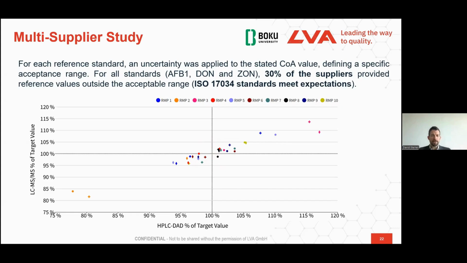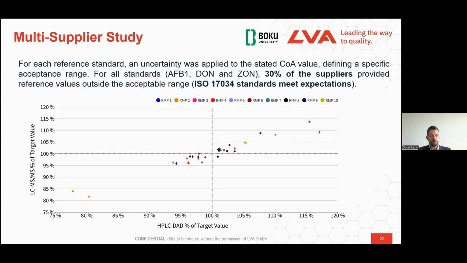So some values are significantly below 100%, around 80, which may indicate stability issues or degradation effects of the standards. On the other hand, we also observed values up to 115%, which likely points to evaporation effects, for example, due to improper vial sealing. The positive aspect, however, is that all ISO 17034 accredited materials met the expected performance criteria, typically within a very narrow range of around plus minus 3% of uncertainty.